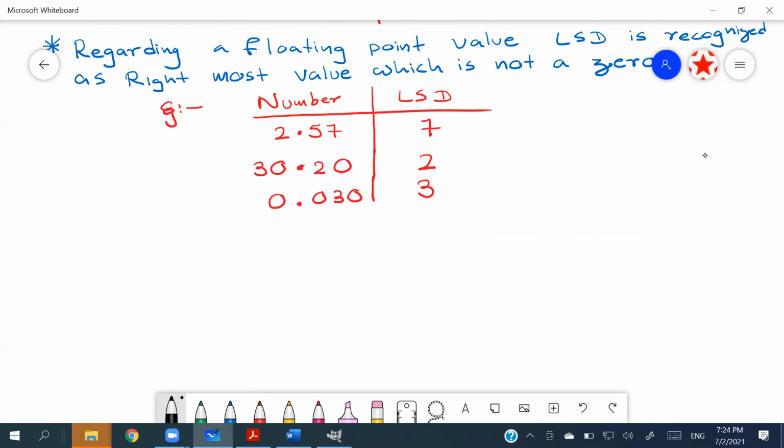But when you are considering the leftmost value or the character, remember to omit the leftmost zeros because they are not going to be considered as the most significant digits.